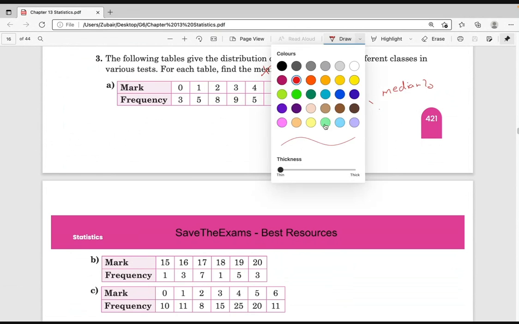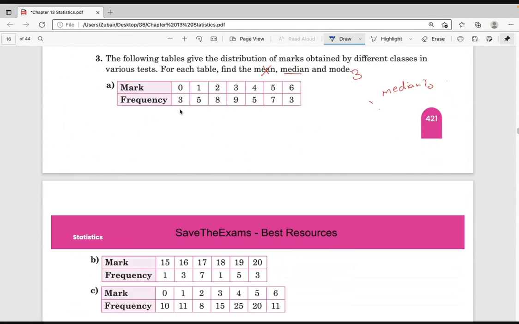Sir, median will be, what is the total of these numbers? 3. Correct. Okay, median, yes, sir.